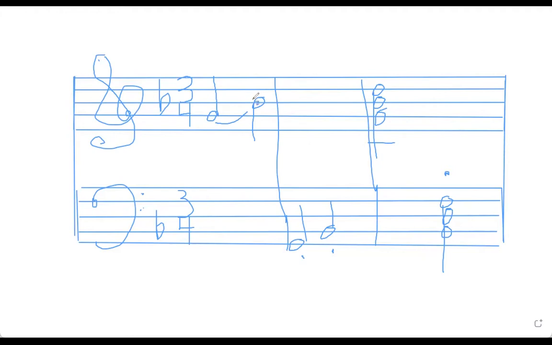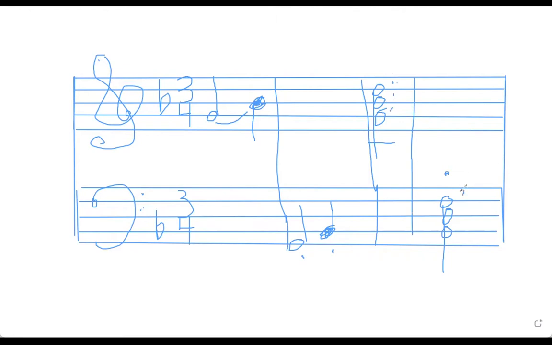So if we make this one black, make it a quarter note, then we'll have 3 beats in a measure. We've got 1, 2, 3, 1, 2, 3, 1, 2, 3, 1, 2, 3. Another bar line here and dots to make these 3 beats.